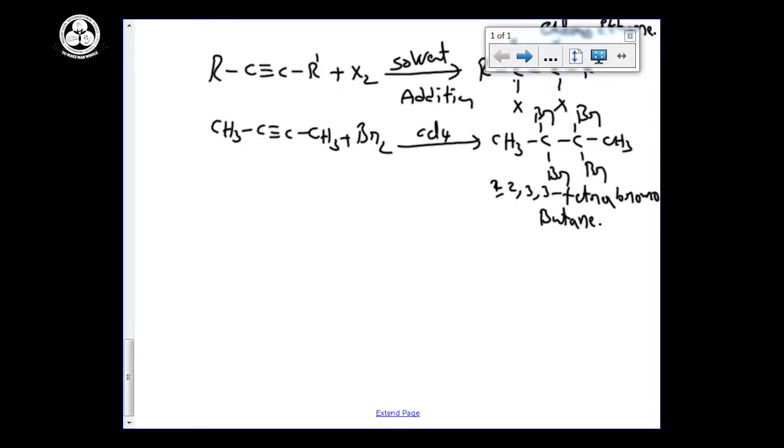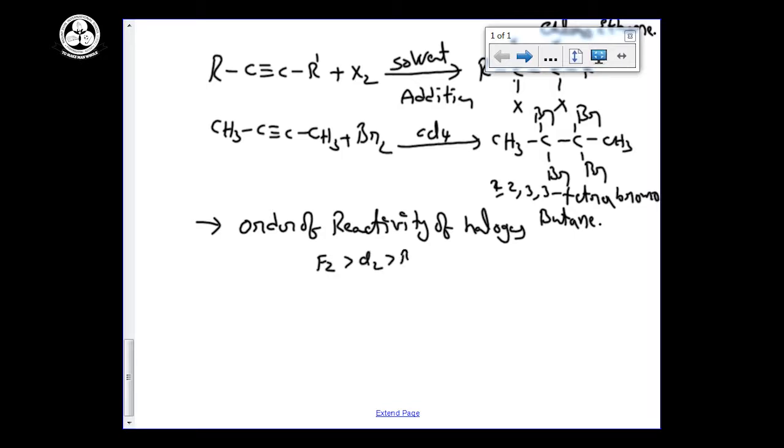So on halogenation we can get the tetrahalogen derivatives. See the order of reactivity of halogens. Which halogen is more reactive? Generally, fluorine is more reactive, next chlorine, next bromine, next iodine.